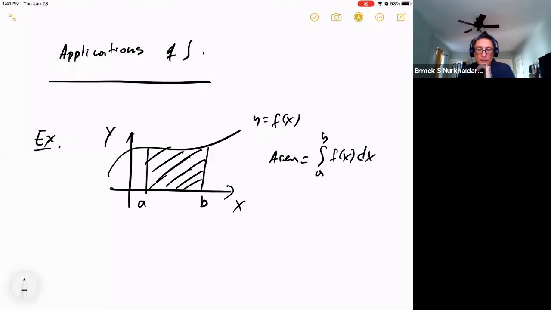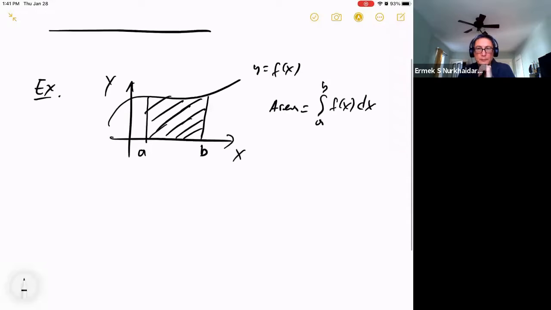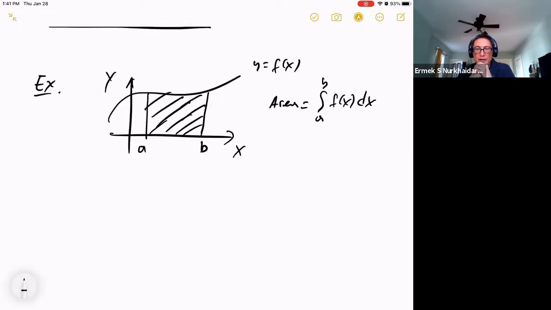So we'll do something similar here. And we'll do application of integrals, which we'll be doing all the time. So the way calculus works: you want to find something, you find an approximation to something that you want to find.